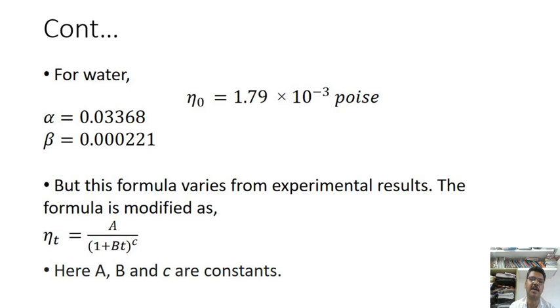Calculating the values of alpha and beta, eta_0 comes to 1.79 x 10^-3 poise. But this formula varies from experimental results, so it is modified as eta_t = A / (1 + Bt)^C, where A, B and C are constants.